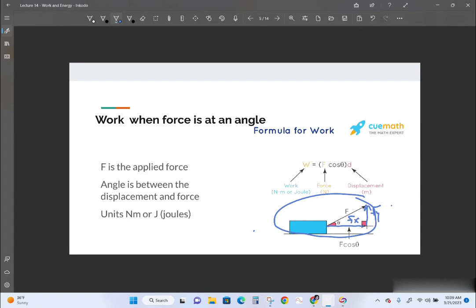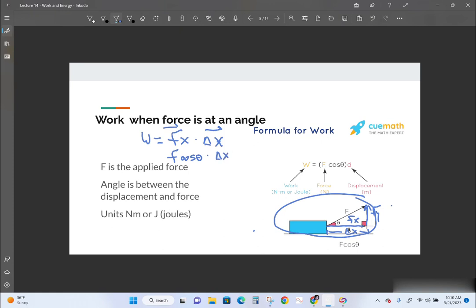The force that's actually causing the acceleration, or the change in motion, is Fx. So Fx is the force that you're pulling with in the rope times cosine theta. So the work is really Fx times the change in position. I'm just putting my little vector arrows here to remind you that these are vectors. And that is really F times cosine of the angle that you're holding the rope at, times delta X.